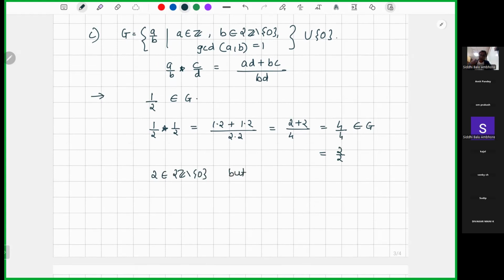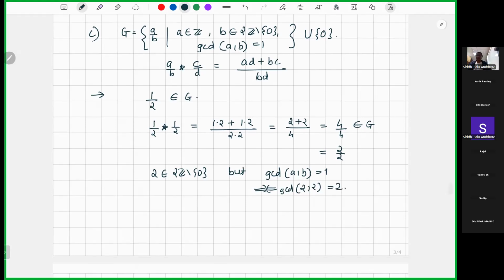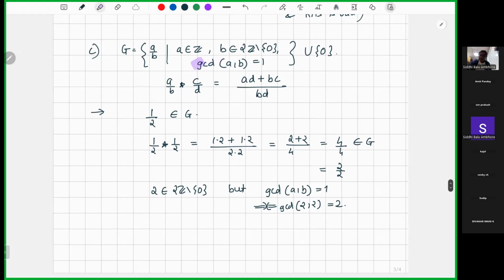But I also want the GCD of A comma B to be 1, which is not true in this case, because GCD of 2 comma 2 is 2. So these two conditions are not getting satisfied simultaneously for this 1 by 2 star 1 by 2.